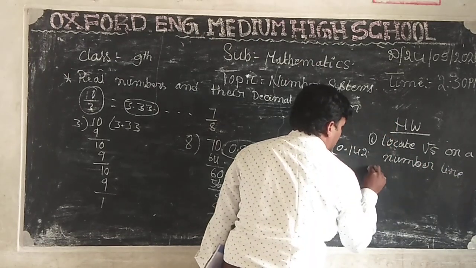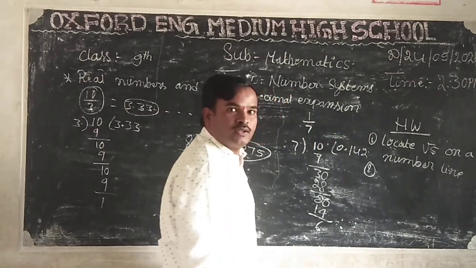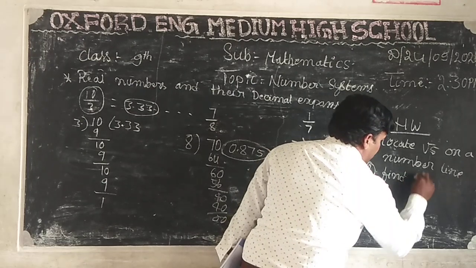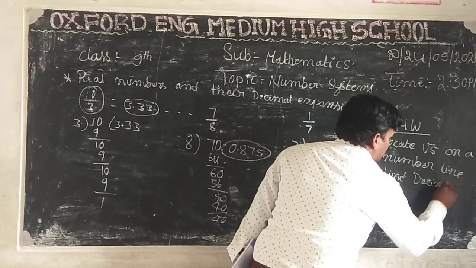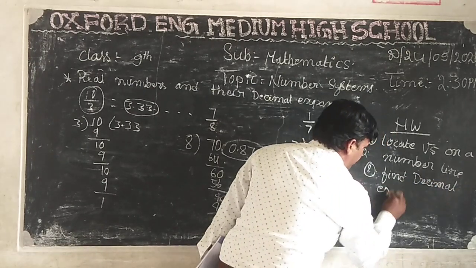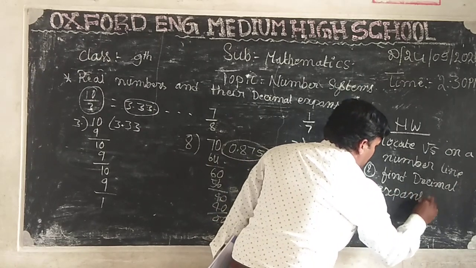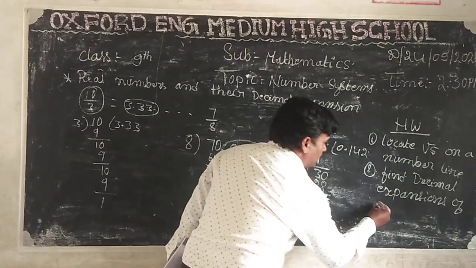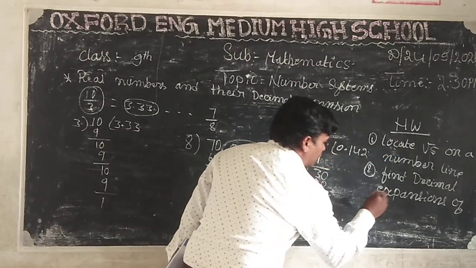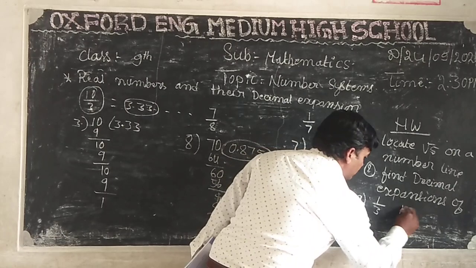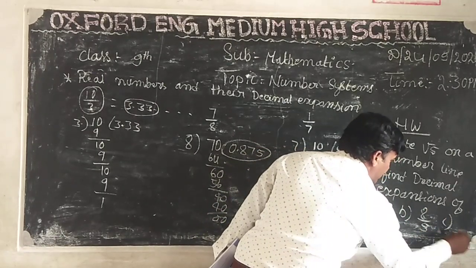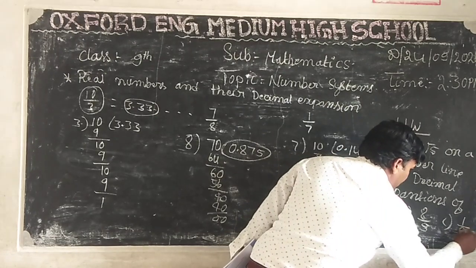Second question, find the decimal expansions of: A, 1 by 3; B, 8 by 5; C, 1 by 9.